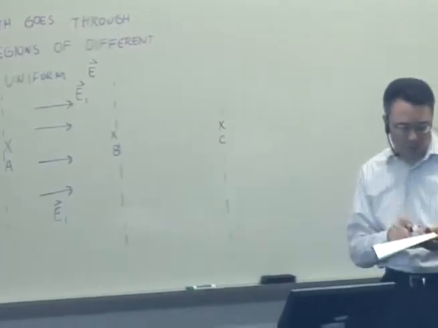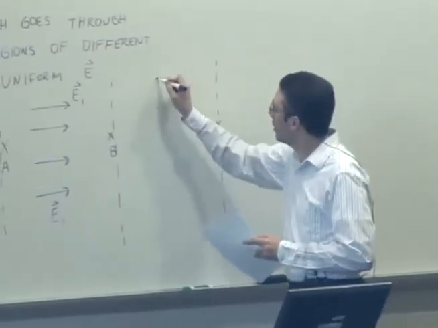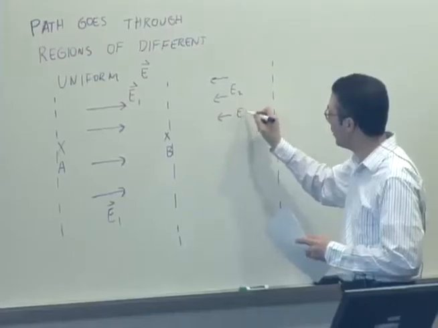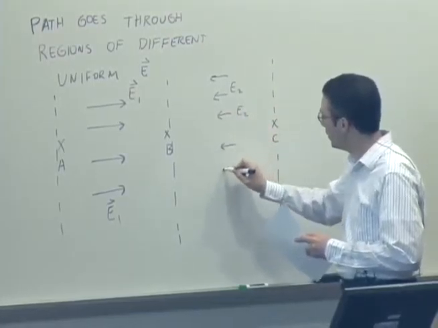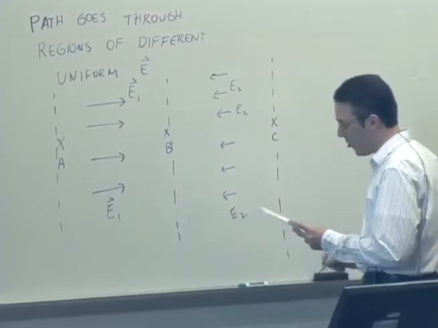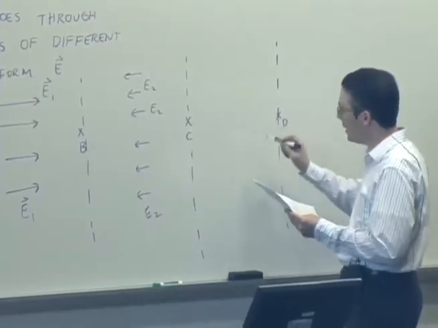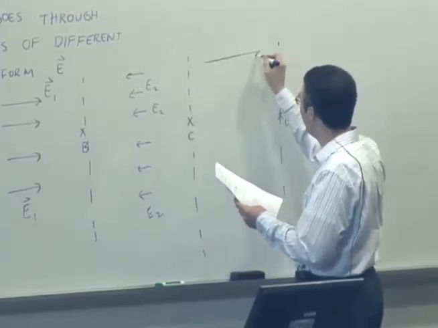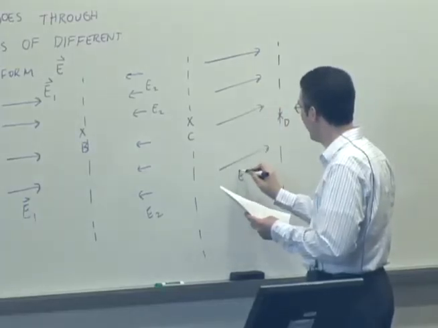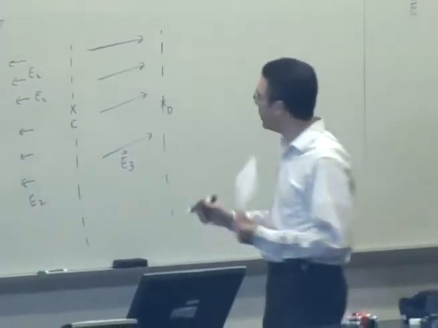It's uniform within that region. We'll call this E2. So I measured just a different electric field in this part of the space. And we can even have a third region from C to D. Call this, I don't know, E3. Maybe it's even off in some direction, like so.